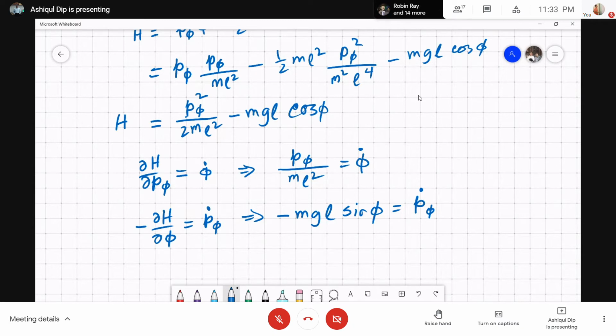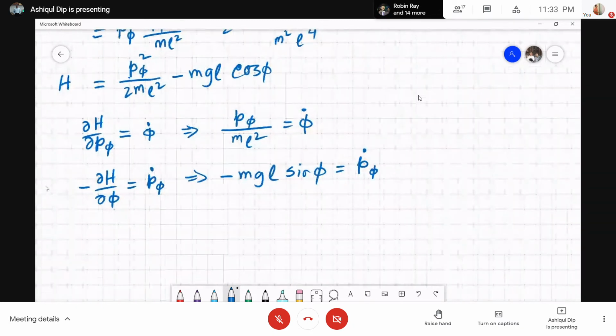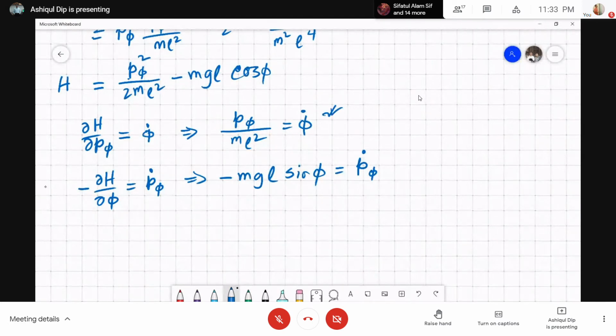So one way you could do is substitute the above equation, substitute this thing inside of here. What do you get? From here you get p phi equals m l squared phi dot, and taking the derivative you have p phi dot equals m l squared, that's a constant, times phi double dot.